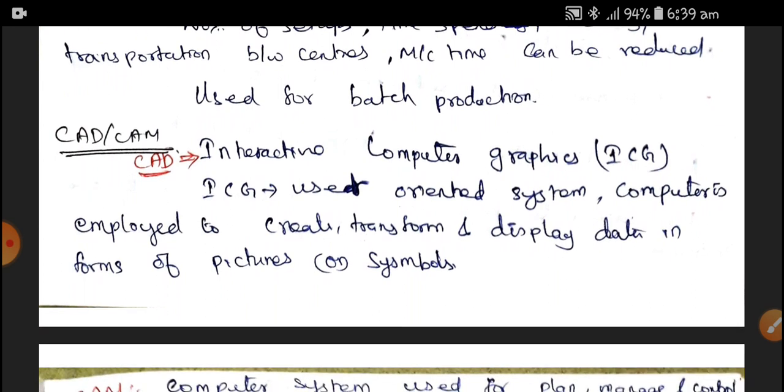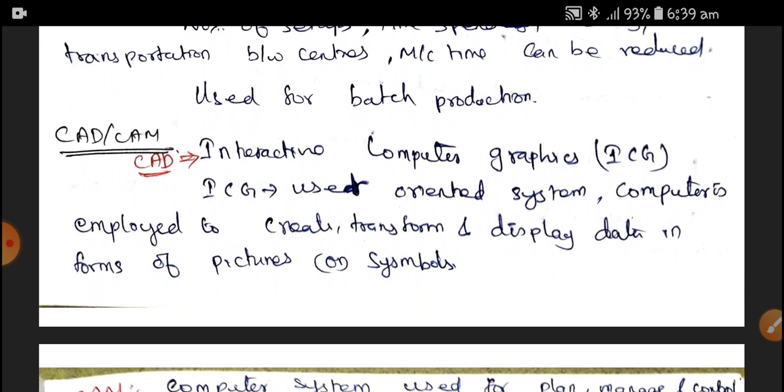Next is CAD/CAM. In CAD, IGS, interactive computer graphics, plays a major role. What is meant by IGS? It is used for an object oriented system. The computer is employed to create, transform and display the data in the form of pictures or symbols.